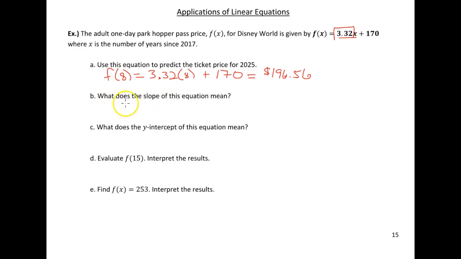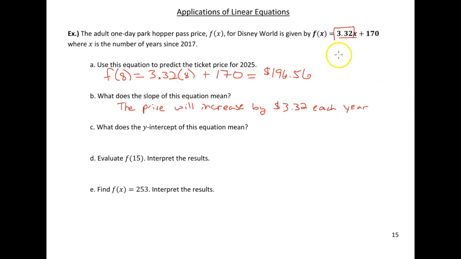So the slope means the price will increase, this is a positive slope, by $3.32 each year.